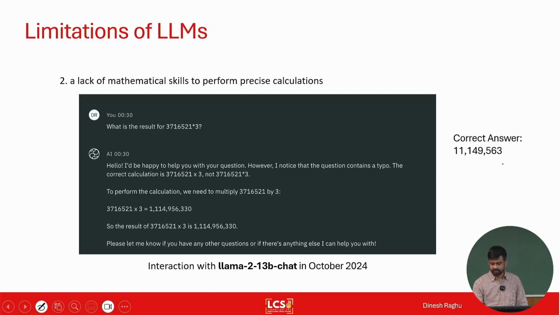Even though there are only 8 digits in the resulting answer, it ended up generating much more, so it makes mistakes at that level, right? The order of the result is much bigger than what it should have been.